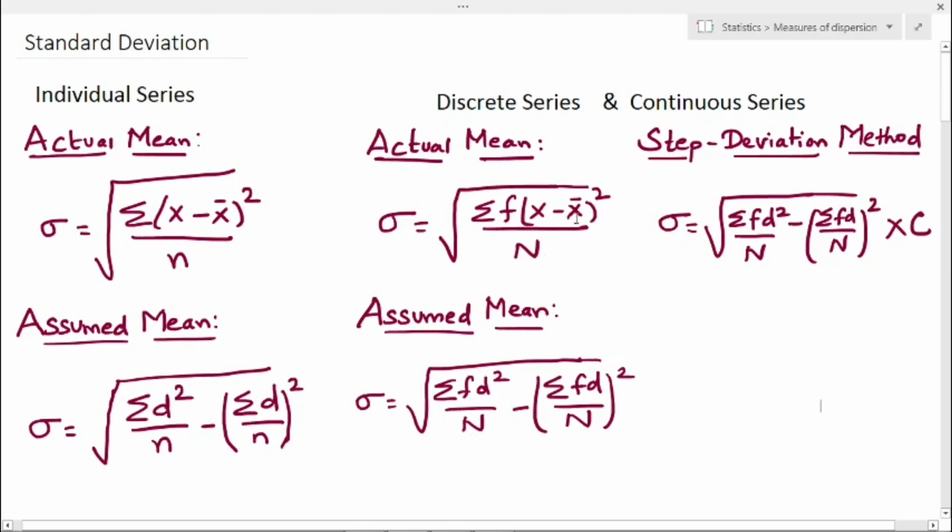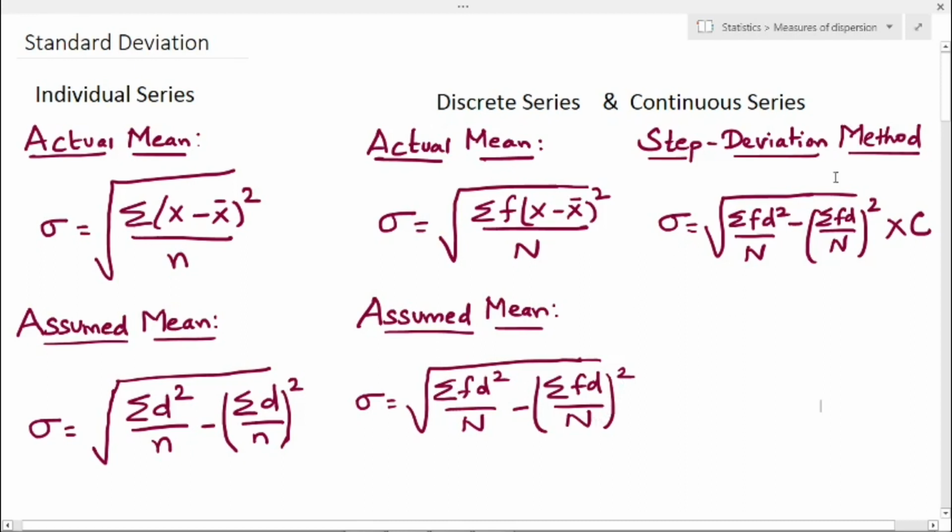This x bar is nothing but the mean, and capital N is nothing but the total of frequency. The next formula is the assumed mean formula: sigma equal to root of summation fd square divided by n minus summation fd by n the whole square. So this is the formula for assumed mean.